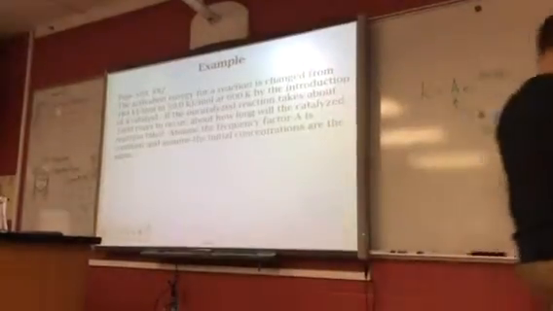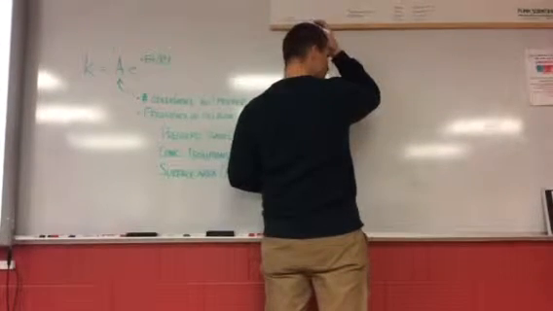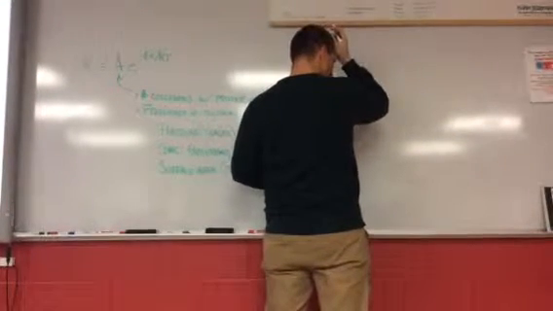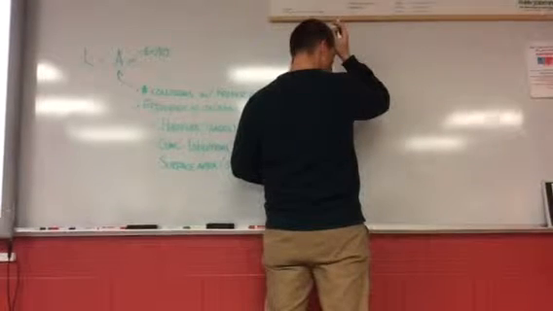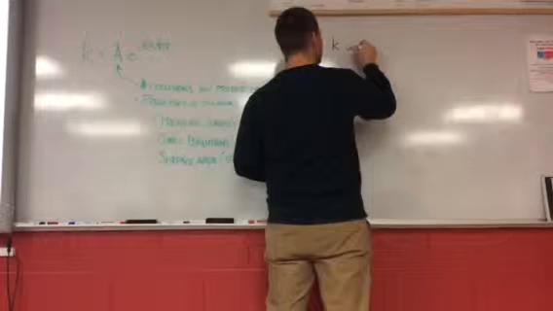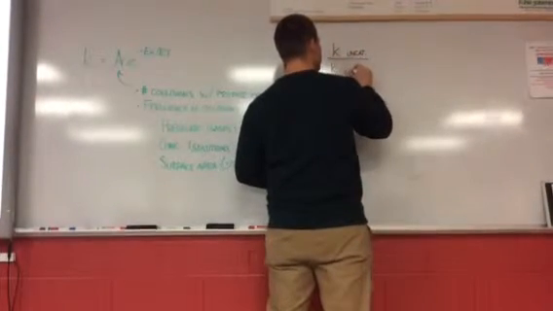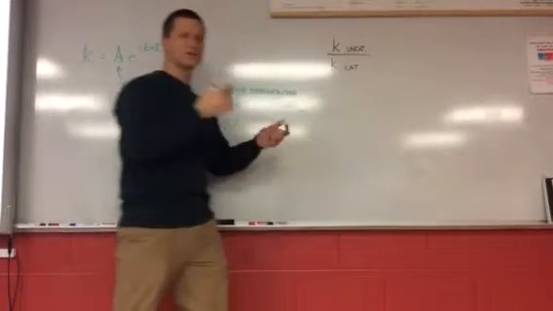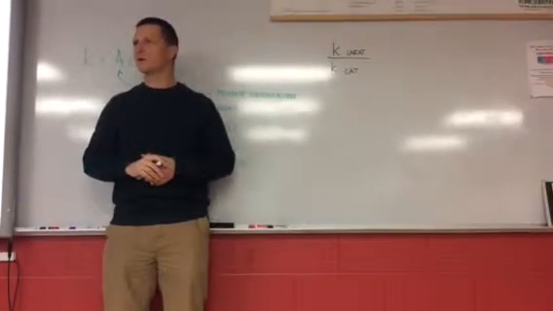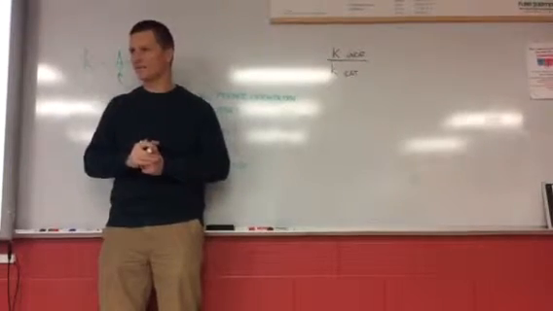All right, so let's do this. Let's say K of the uncatalyzed on top, divided by K of the catalyzed on the bottom. So it's just comparing the speed when it's uncatalyzed to the speed when it's catalyzed.